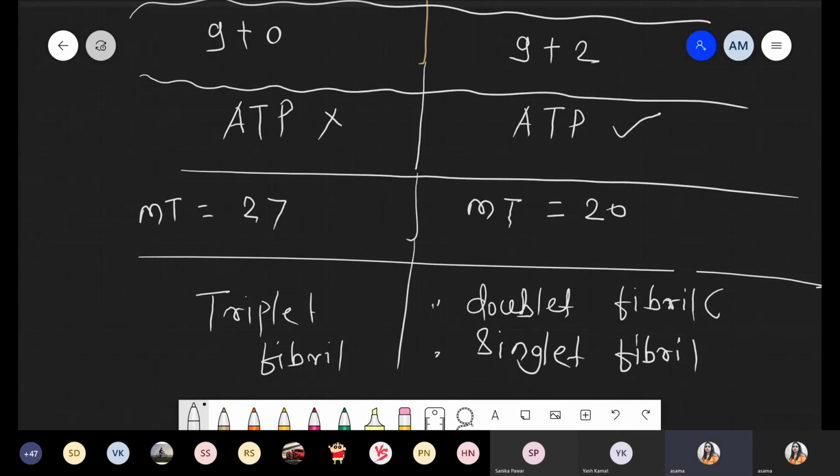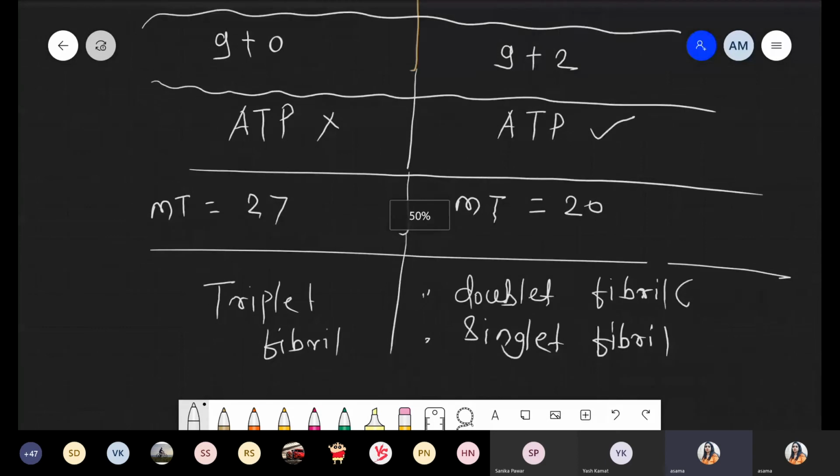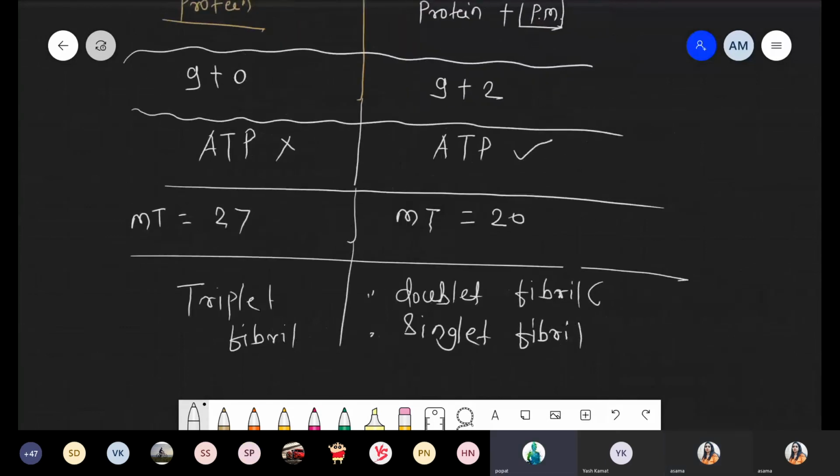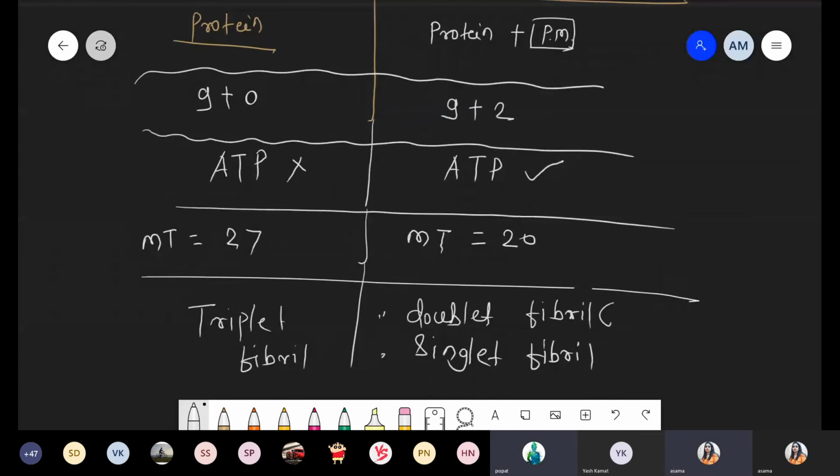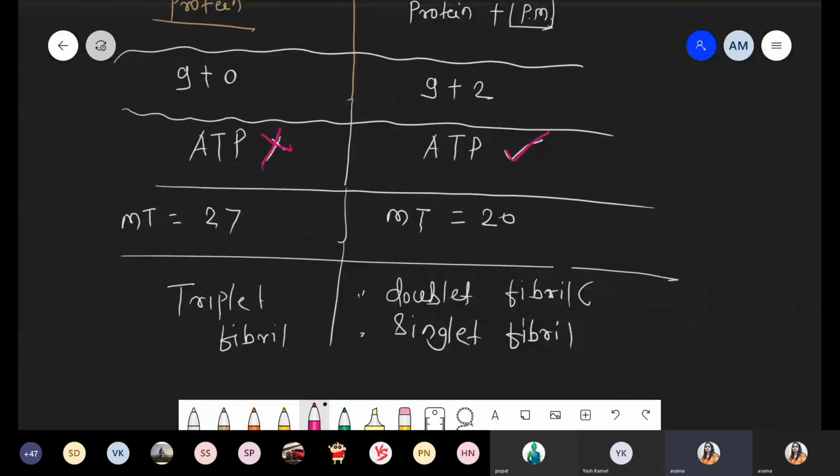Excuse me, ma'am, what is that ATP, X and ATP? Ma'am, ATP is adenosine triphosphate. Cross means it is absent, and tick means present. So where was the doublet?